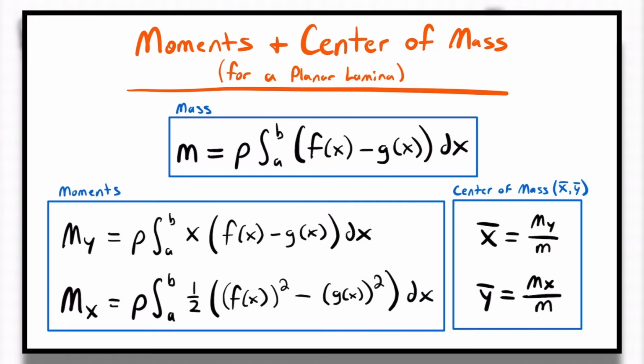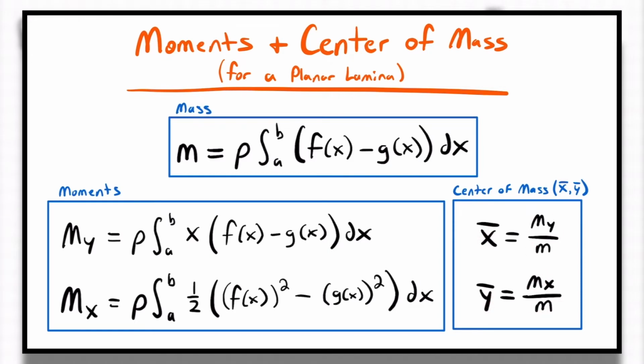One more thing to note though is that because the calculation for the centers of mass involves dividing each of the moments by the mass of the lamina, notice that both the mass and the moment formulas have a common factor of the density of the lamina. And so because of that, that density is just going to cancel out in the division process when calculating the centers of mass.